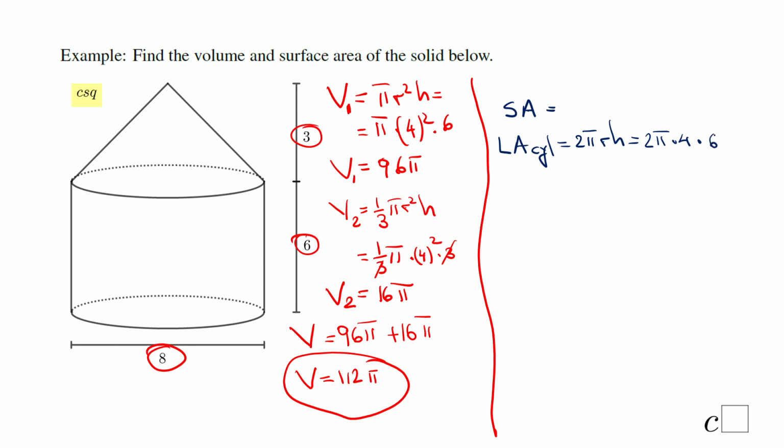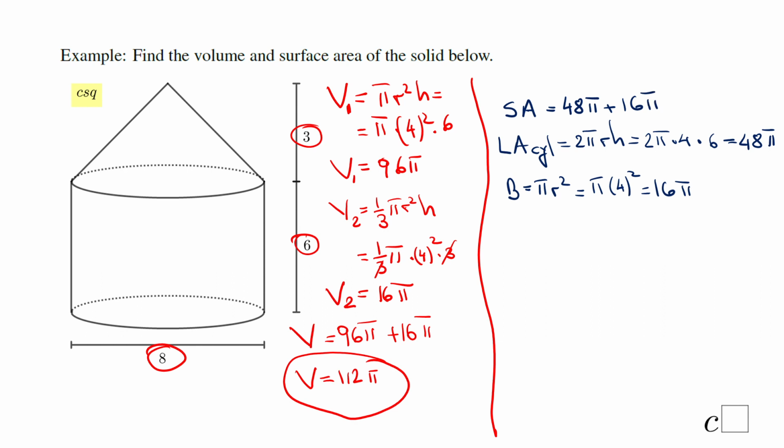So we have 2 times 4, 8, 8 times 6, 48 pi. So that is one piece we need to be aware of in this composite shape. We have the base of the cylinder, in fact, pi r squared. So that will be pi times 4 squared, and that will be 16 pi. This is the second thing.